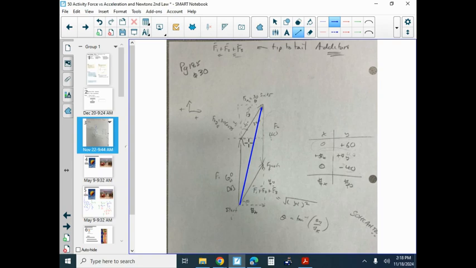Okay, so you calculate the values by just getting all the components added up, and end up with the total components, and then you get the size of it based on the normal stuff, right? Doing the component, adding up the components. So the x component total and the y component total end up being the red.